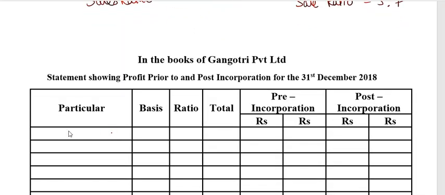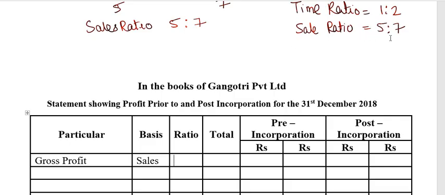So in particulars, first you will write gross profit, which we have to distribute on the basis of sales. What is the ratio of sales? The sales ratio is 5:7.